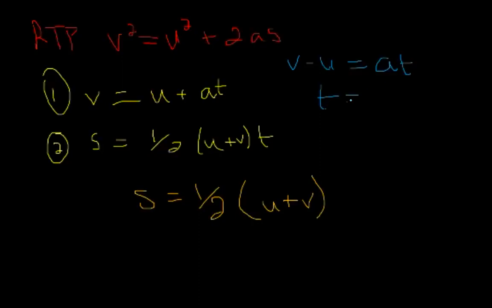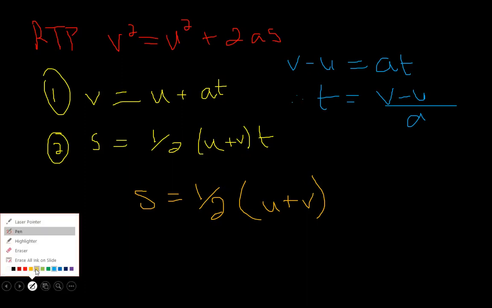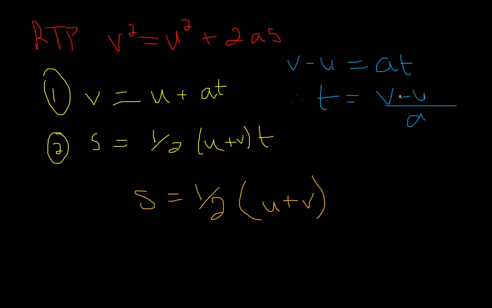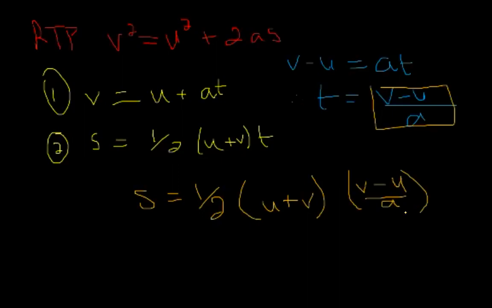So t is actually, let me use the therefore sign, t is actually v minus u on a. This is what I'm substituting into my second equation. So instead of putting the t, I'm going to put this right here. The v minus u on a.